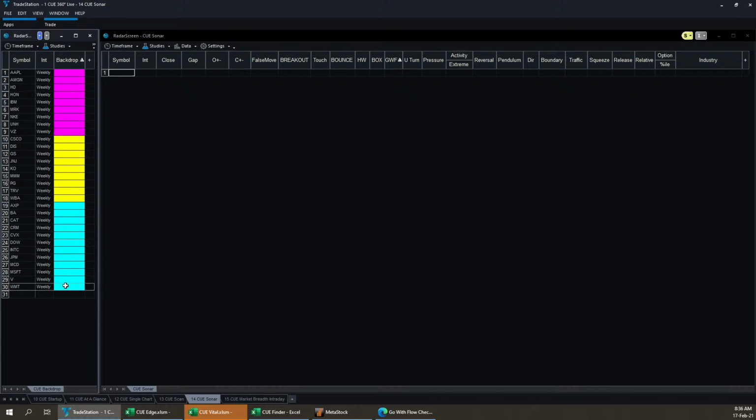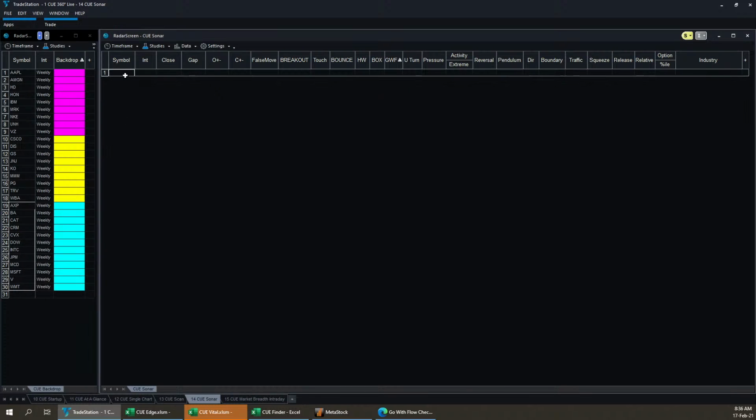Now if we are looking for go with flow long trades, then we need to focus only on the stocks where backdrop is bullish. So you could sort by backdrop column, drag and select the stocks where weekly backdrop is bullish, copy using Ctrl C or right click copy, come to the usual daily sonar, use Ctrl V or right click and paste.